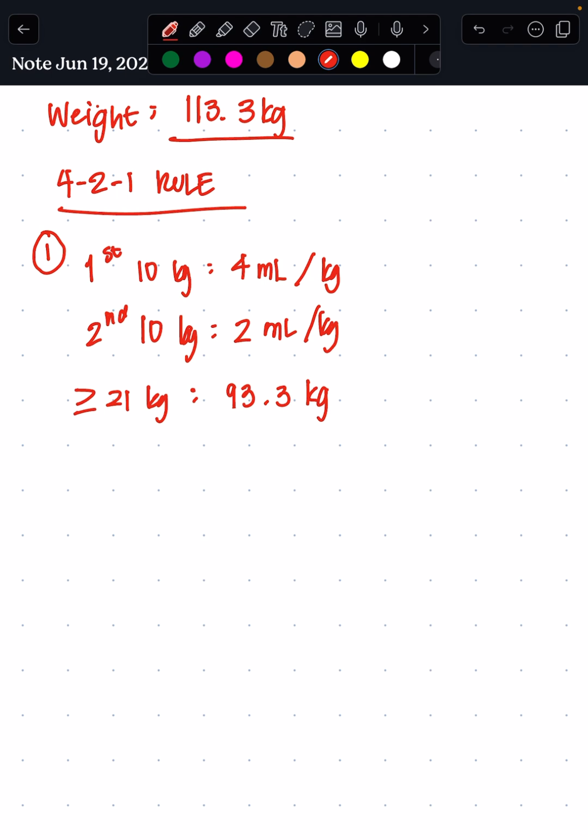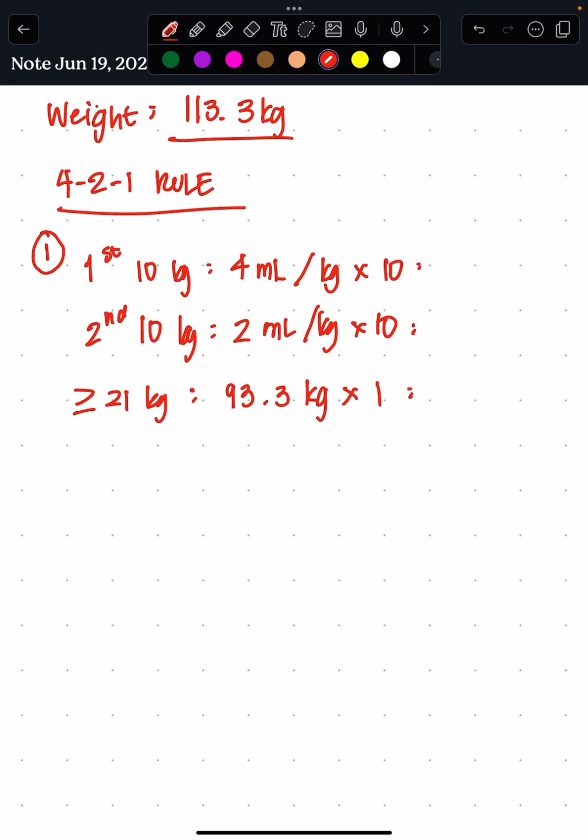So now we have to just multiply them. So this one by 1, and this one by 2 times 10 and 4 times 10. So 40, 20, 93.3.